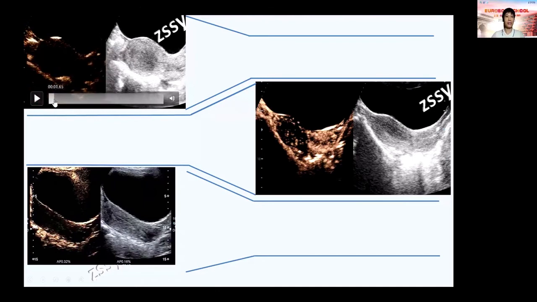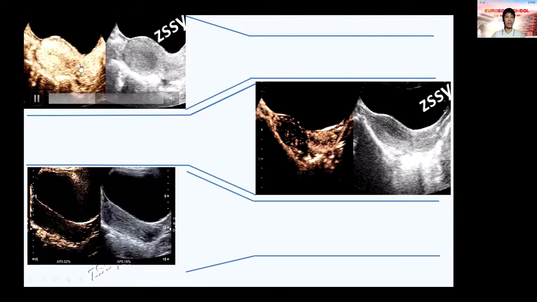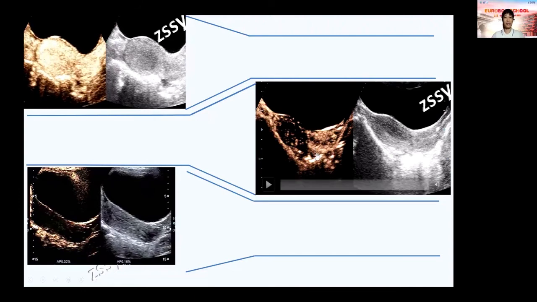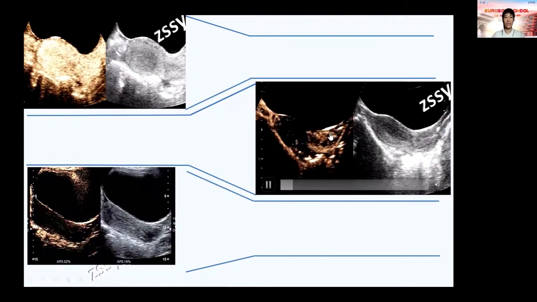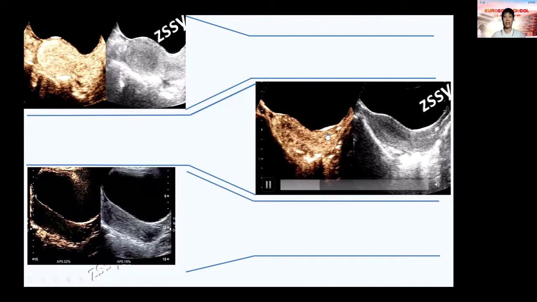Yes, here. The perfusion of myometrium here, we can see a hyperenhancement, the polyps with hyperenhancement.